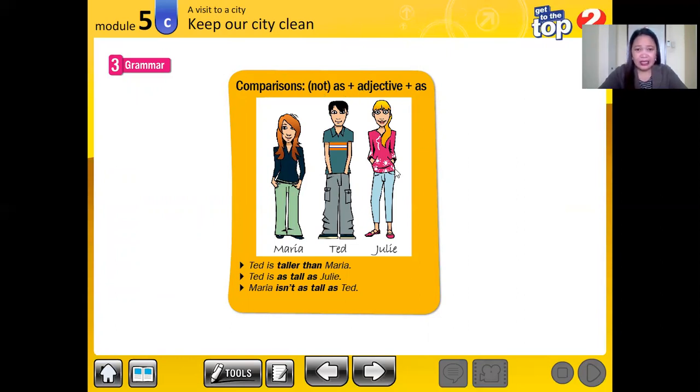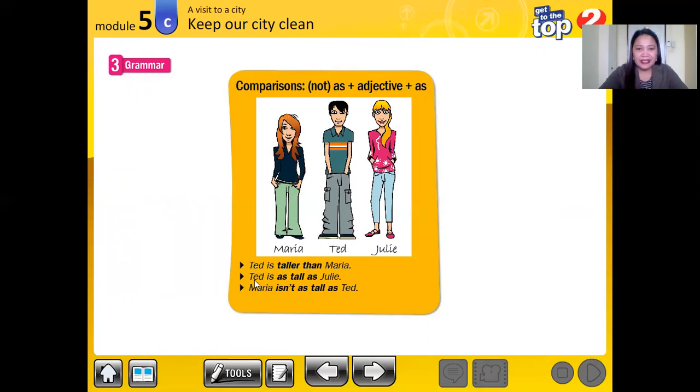So look at these 3 teenagers here. We are going to compare them together. We have Maria, Ted, and Julie. Let's try. We are going to describe Ted. Ted is taller than Maria.